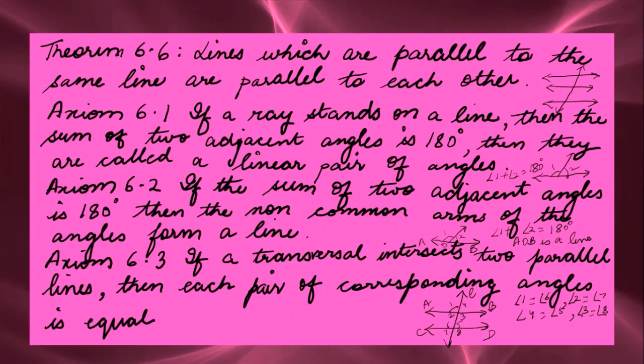So if lines are parallel and a transversal intersects them, the pairs of corresponding angles will be equal.